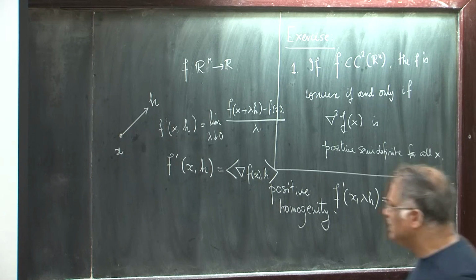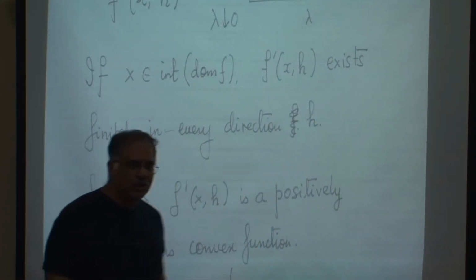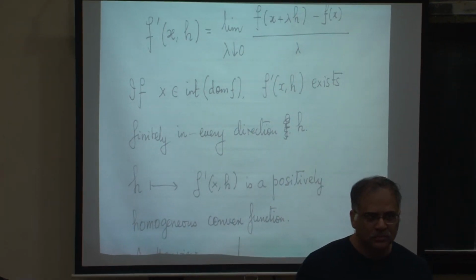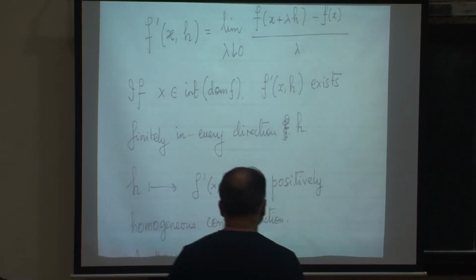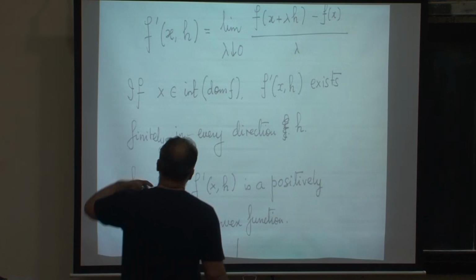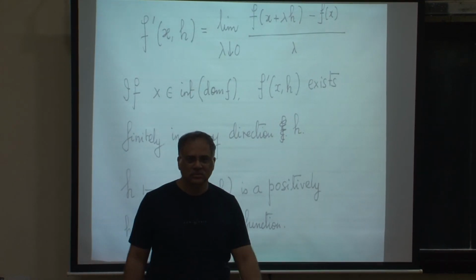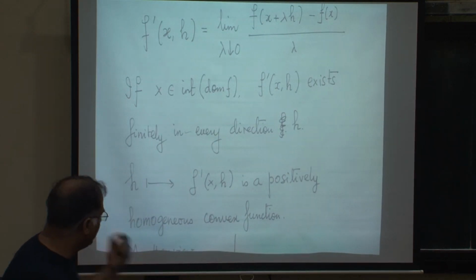So the important part is that the directional derivative in the direction h for a given x is a positively homogeneous convex function. Convex functions can take plus infinity and minus infinity values. So if you allow infinite values, then for any x element of domain f, this function exists at a given x in any direction you want. But if you want it to exist finitely, then you have to be bothered with certain issues.